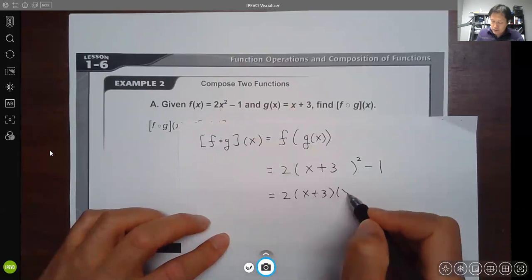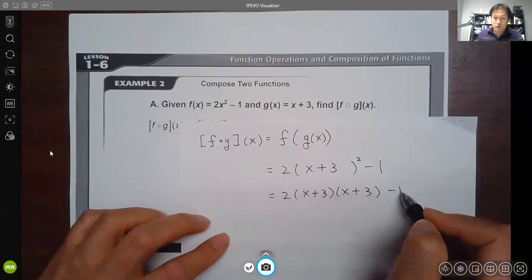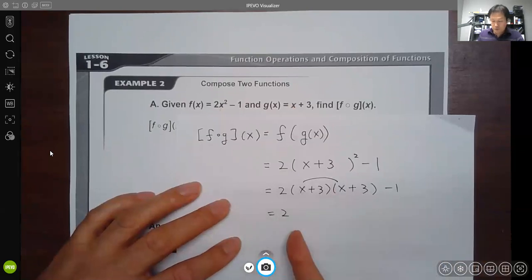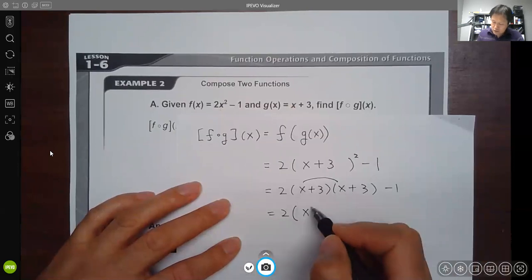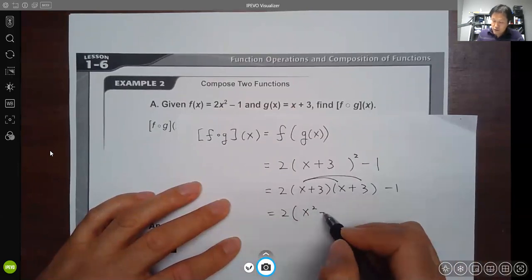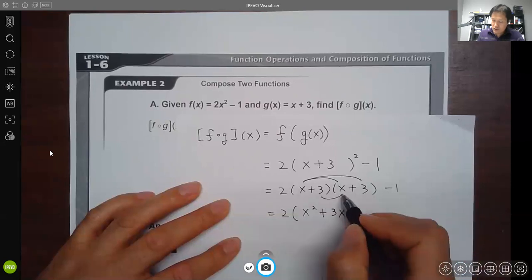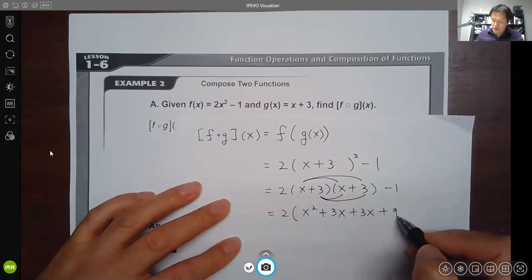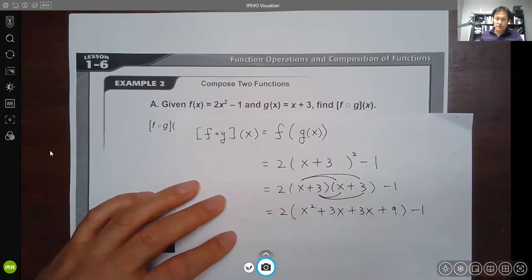Parentheses squared means you're going to multiply twice. FOIL. Make sure you keep the 2 for now, and in parentheses, x times x, x squared. X times 3 plus 3x. 3 times x plus 3x. 3 times 3 plus 9. And close the parentheses.